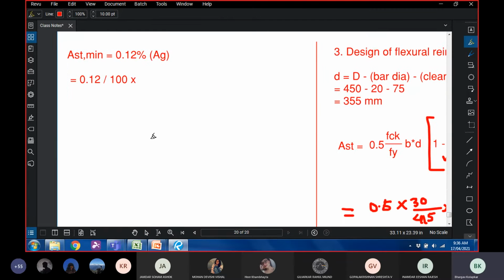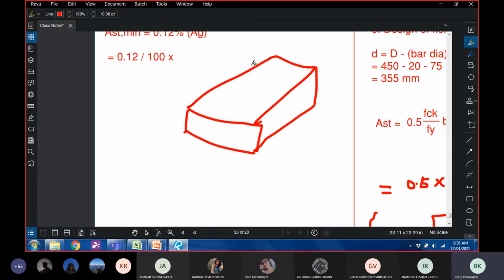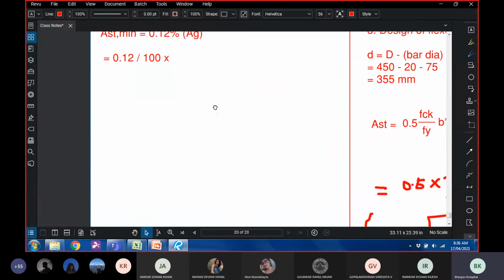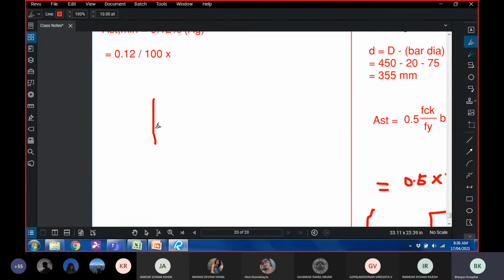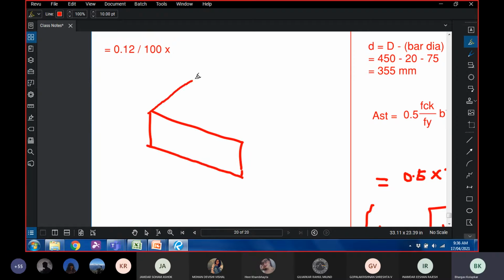All the cards are on the table. We know all the dimensions. When I say gross area, which area am I talking about?